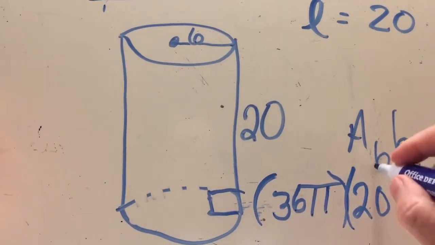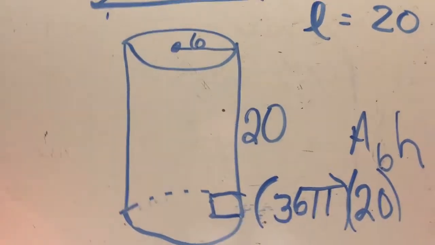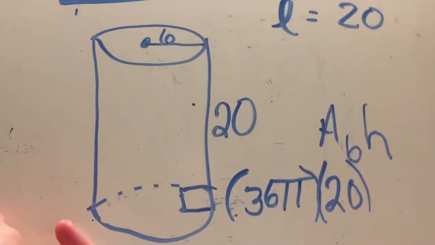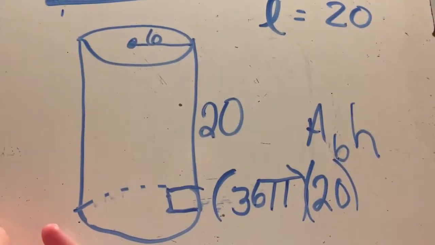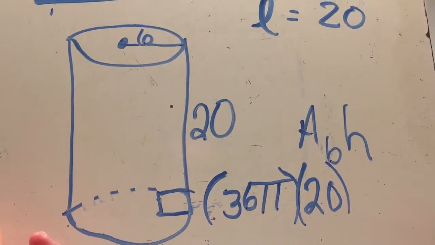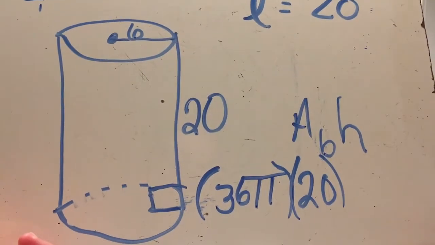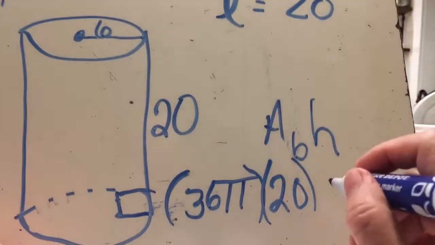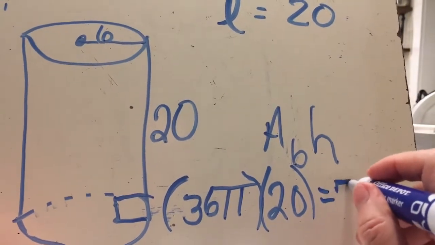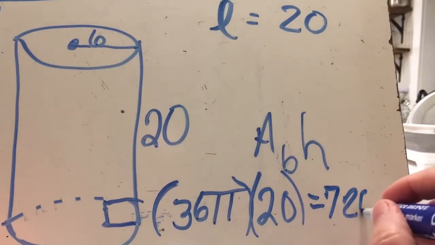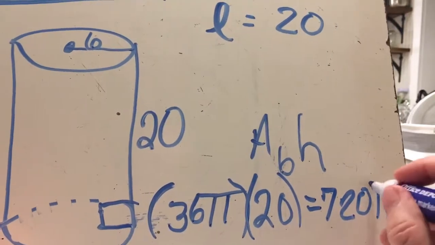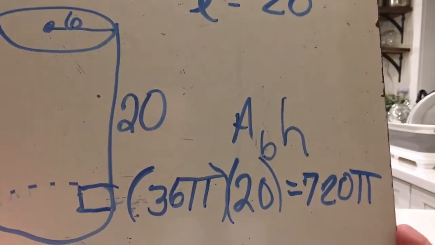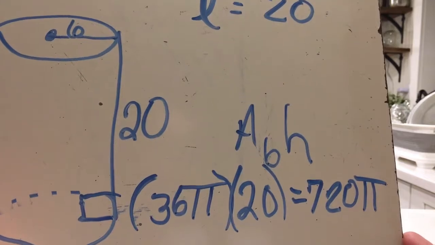All of this is in the same units, okay? So now we've got the area of the base times the height. That should be our volume, which if we were going to leave it in pi, and sometimes we do leave it in pi, we would get 720 pi.